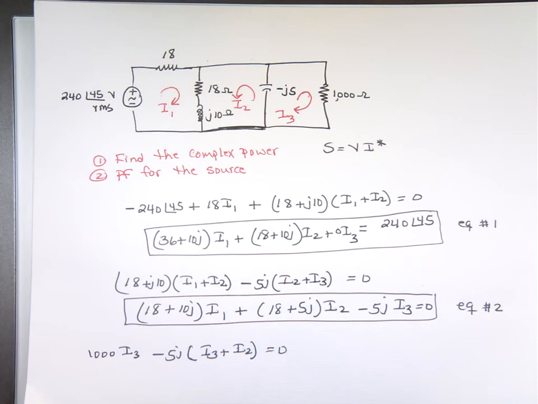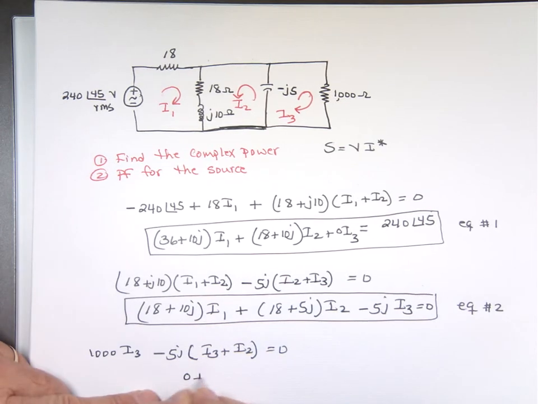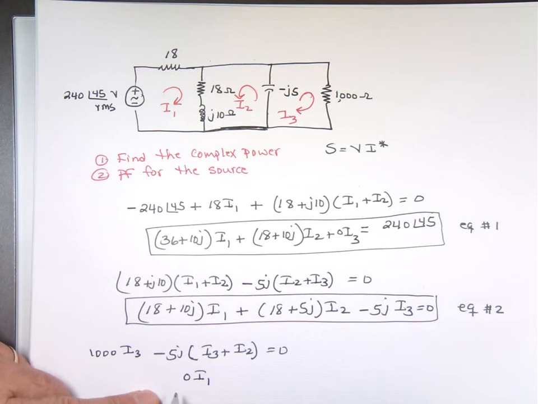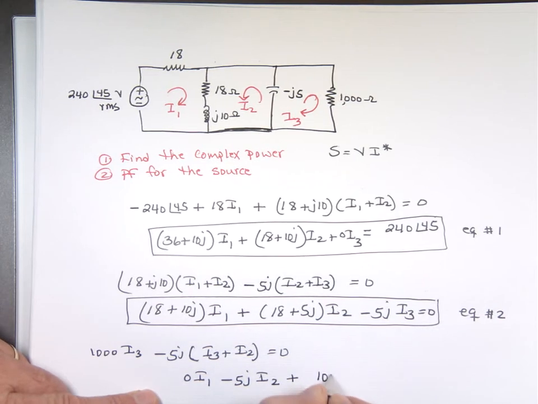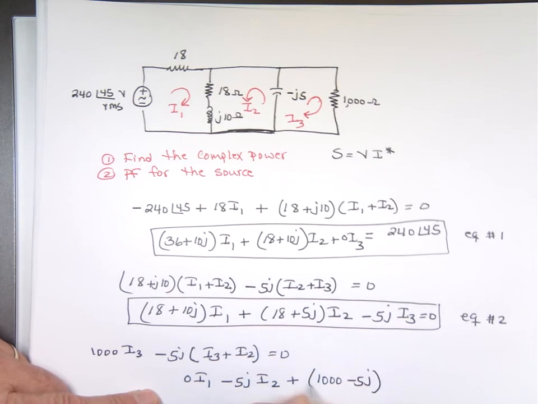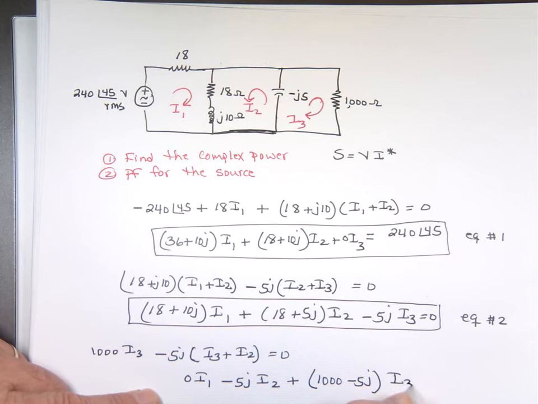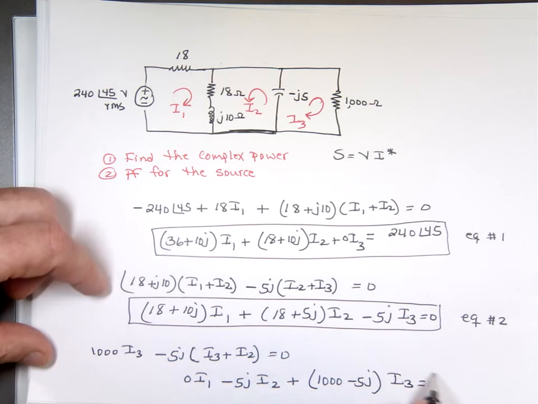Clean it. 0 I sub 1 minus 5j I sub 2 plus 1,000 minus 5j I sub 3 is equal to 0. And that's my third equation.